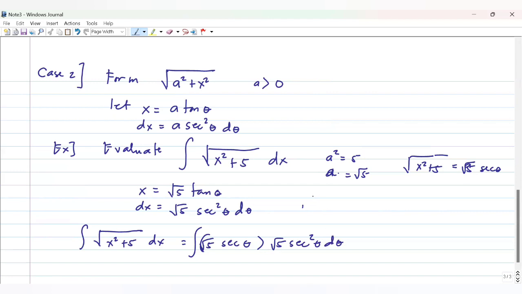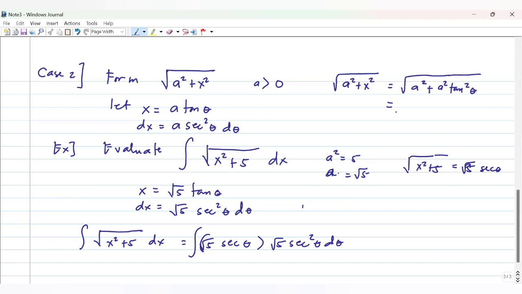Sir, how come that square root of x squared plus 5 is equal to square root of 5 secant of theta? So if we try to substitute, that is a squared plus x squared. So that will be a squared plus your x squared is a squared tangent squared of theta.